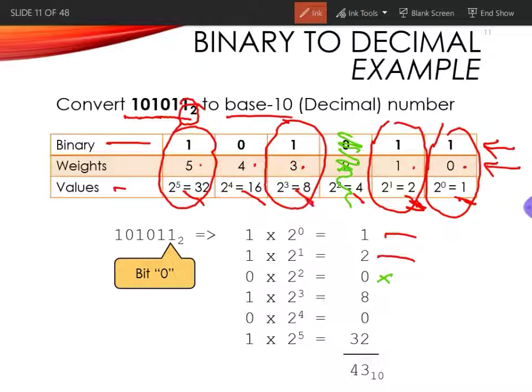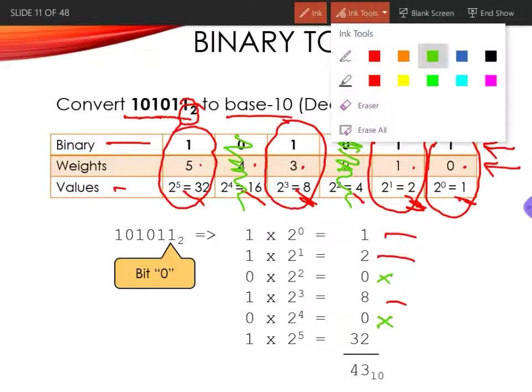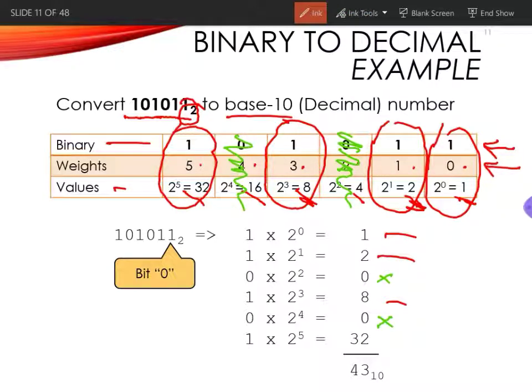Then we get 8. Next, multiplied by 0 becomes 0. And then 32. If we add all of these, we get 43. And we write the subscript of 10 to show that this is a base 10 number.